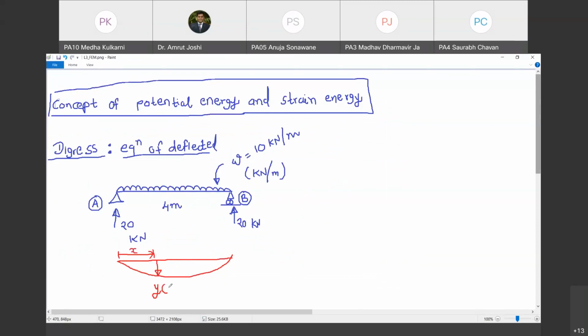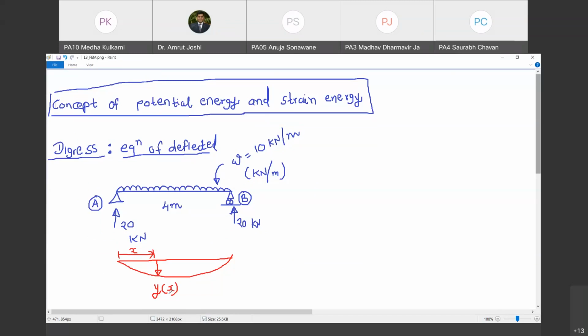Are you with me? Yes, sir. It is not y into x, mind you. It is y of x. X is the argument of a function y, which is dependent on x. So as I go on changing x, the value of vertical deformation y is going to change. Do you agree with me? Yes, sir. I want to find out this equation, y as a function of x. So how do I go about it? Chalo, batao.